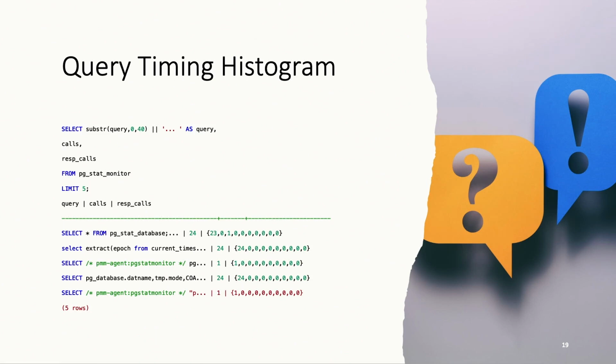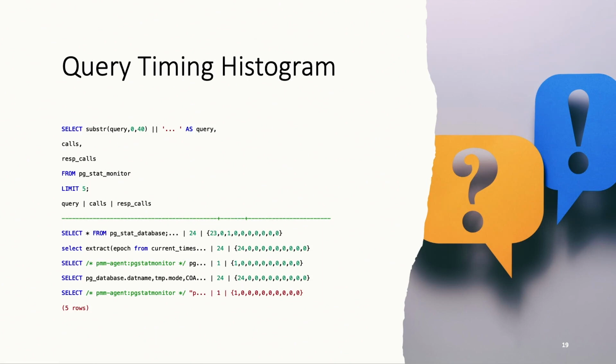Another important piece of information is the timing. If you run a query multiple times, like select static from pg_stat_database, and you are continuously running that query, and the total calls of that statement is 24, you call that statement 24 times.